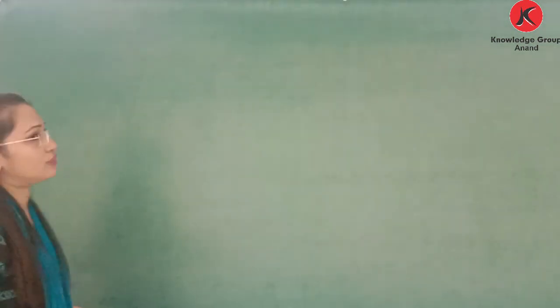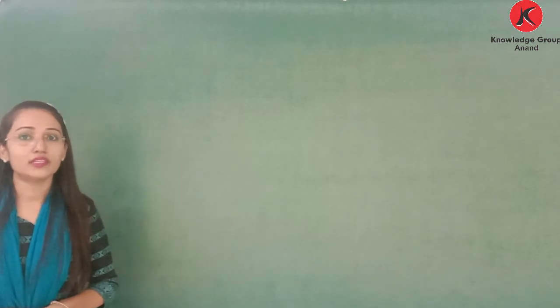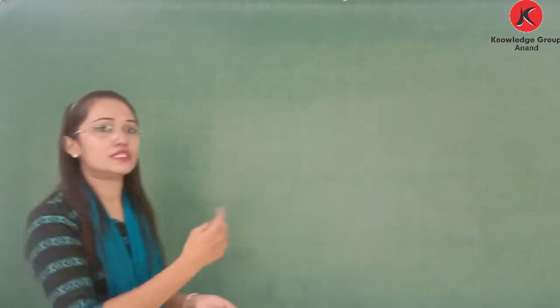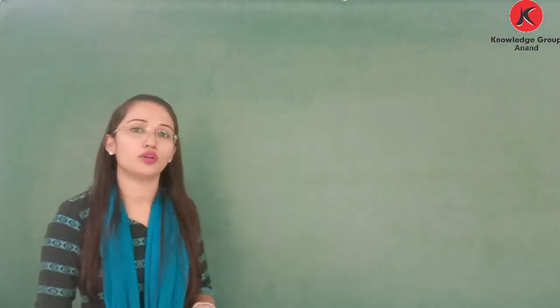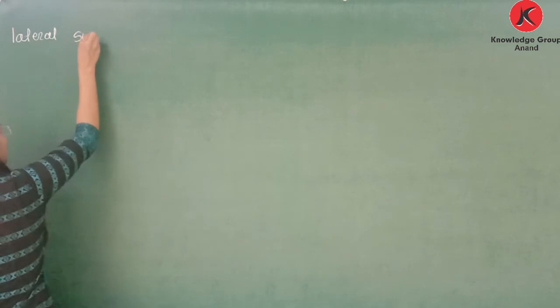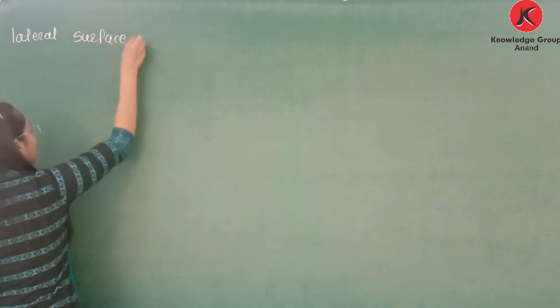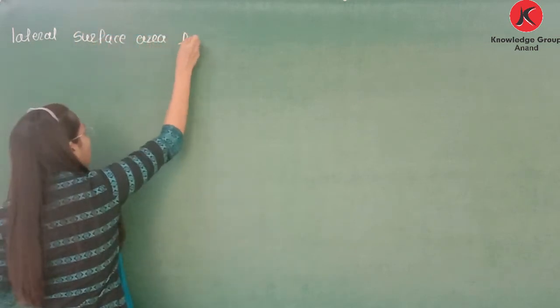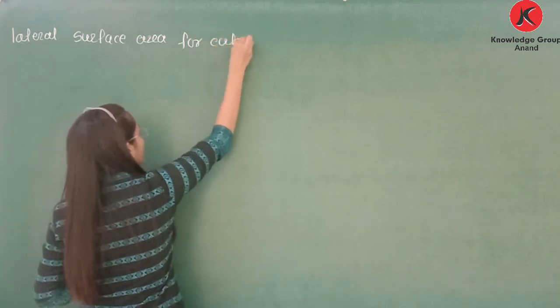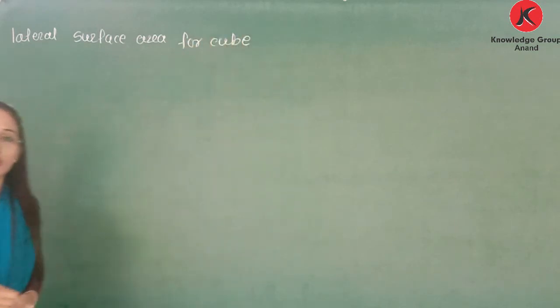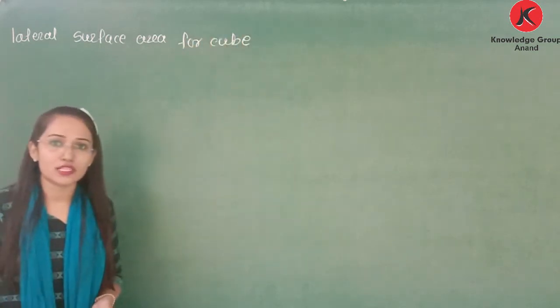Now it is possible that sometimes we need to find the lateral surface area. Lateral surface area means only side faces, not top and bottom. So the lateral surface area for a cube. What is the total surface area for a cube? It is 6L square.